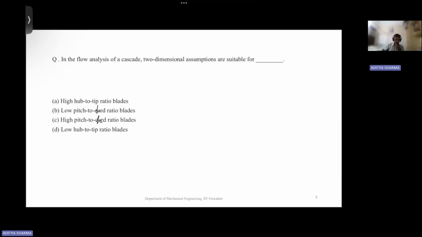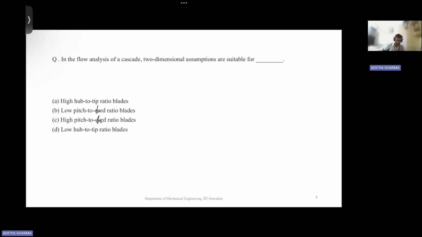So first is high hub to tip ratio blades, low pitch to chord ratio blades. Pitch basically is the distance between two blades. In a cascade, the distance between two blades is your pitch, denoted by S. Then high pitch to chord ratio blades, low hub to tip ratio blades.